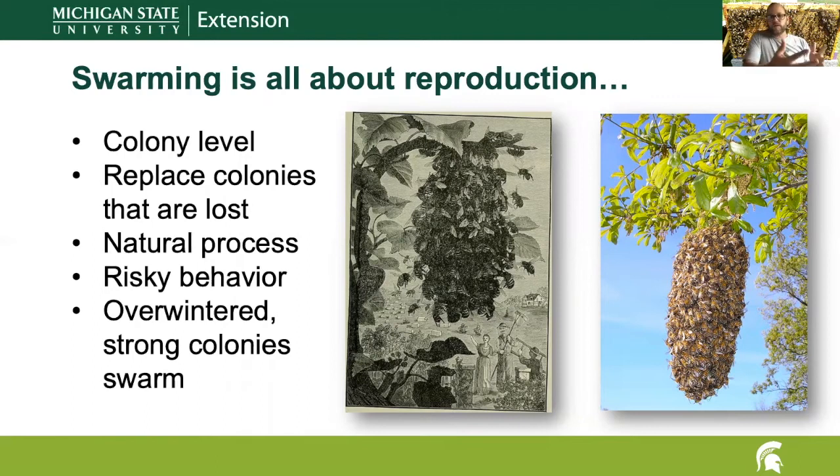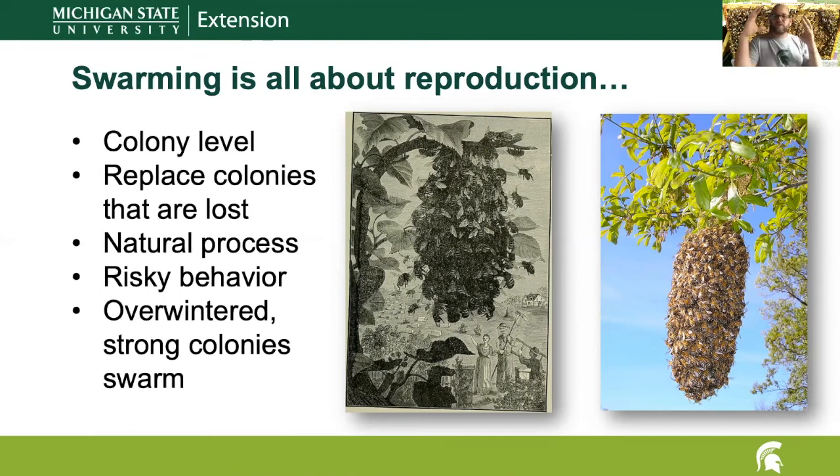What we're talking about at its core is a behavior for reproduction. Now, we're not talking about reproduction in the sense that a queen is mating with drones and laying eggs within a colony that's producing new bees. That is an individual form of reproduction within a single colony. What we're talking about is reproduction at the colony level.